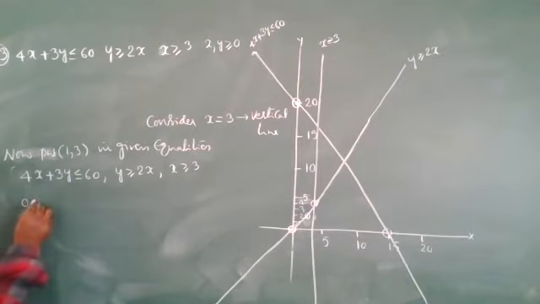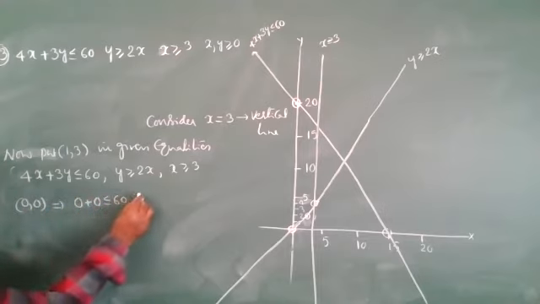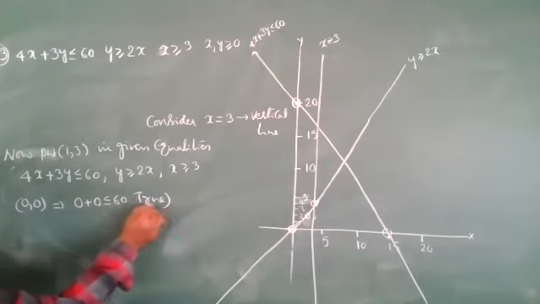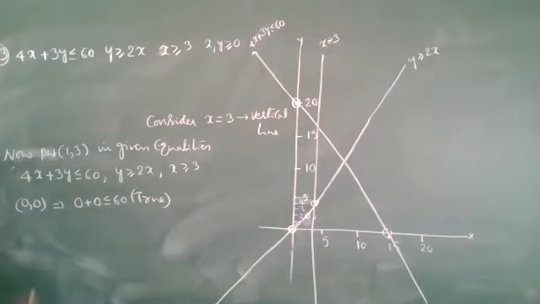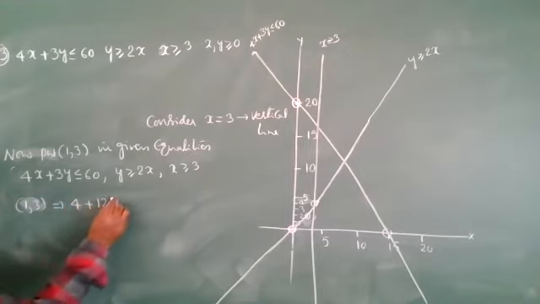0, 0 substituted in the first equation: 0 plus 0 is less than 60, which is true. Sorry, not 0, 0, sorry, 1, 3. Substituting 1, 3: 4 plus 12 is less than 60.